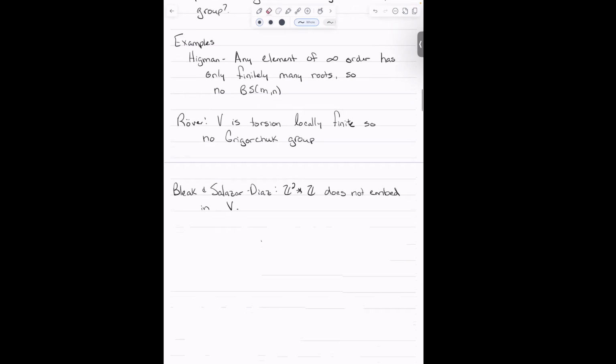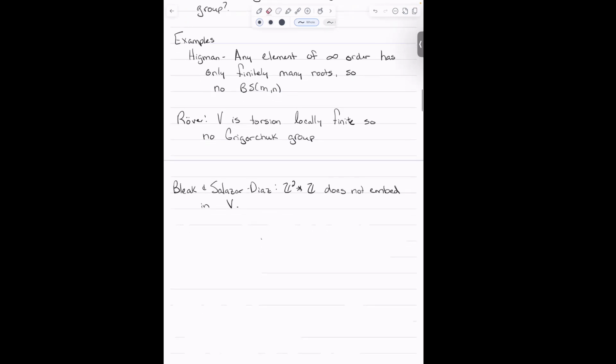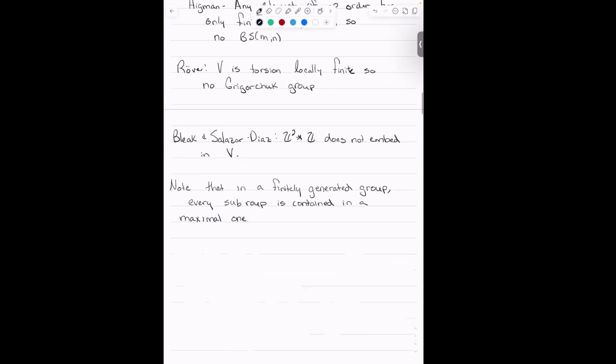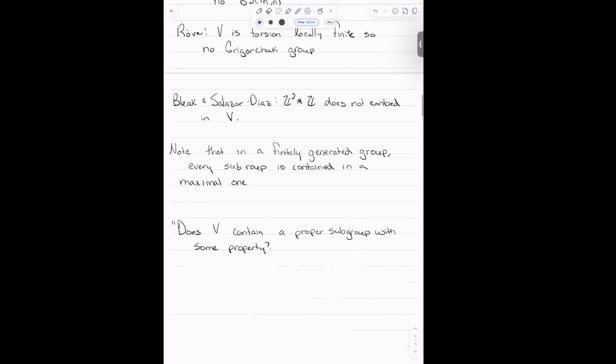Another reason why one might be interested in studying maximal subgroups of whatever your favorite group is: whenever your group is finitely generated, it's a general fact that every subgroup is contained in a maximal one. So if you have a group described in terms of some action on some space, you might want to ask, for instance, does V contain some proper subgroup with some dynamical property?